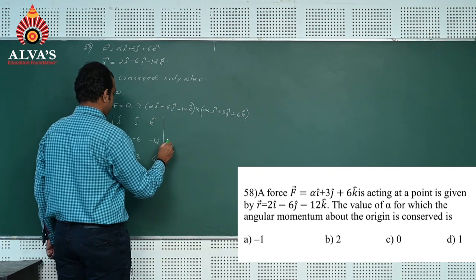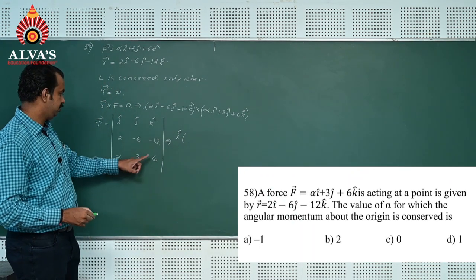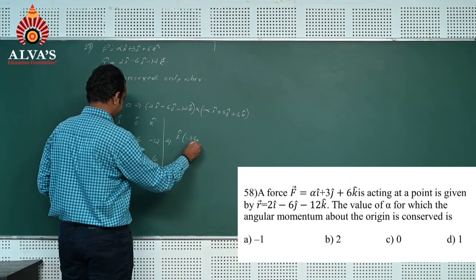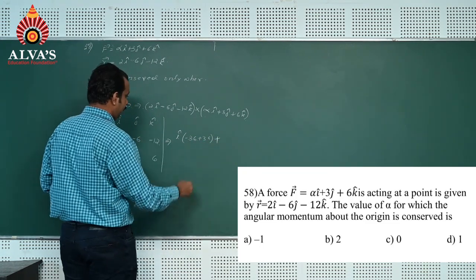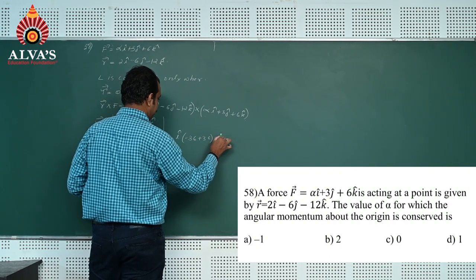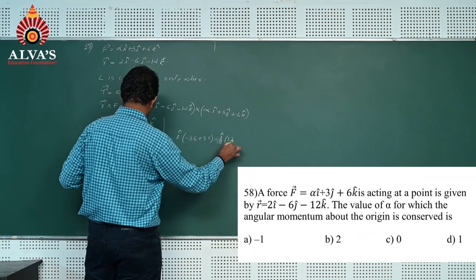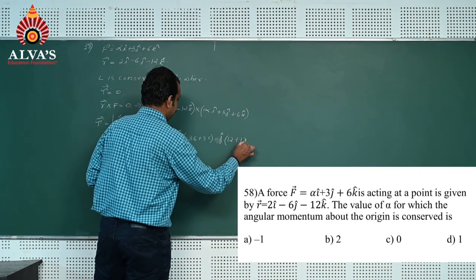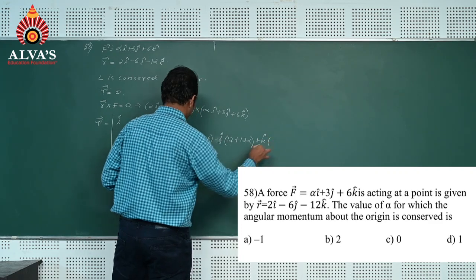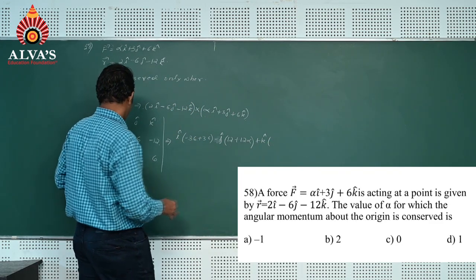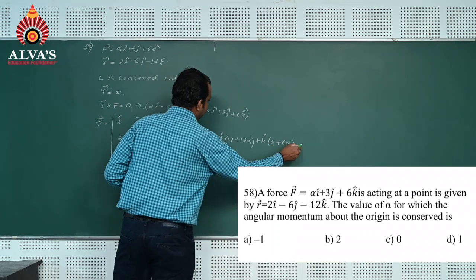That implies i cap times 6 into 6 minus 36, that is 36 plus 36, minus j cap times 12 plus 12, plus k cap times 6 plus 6 alpha, which is equal to 0.